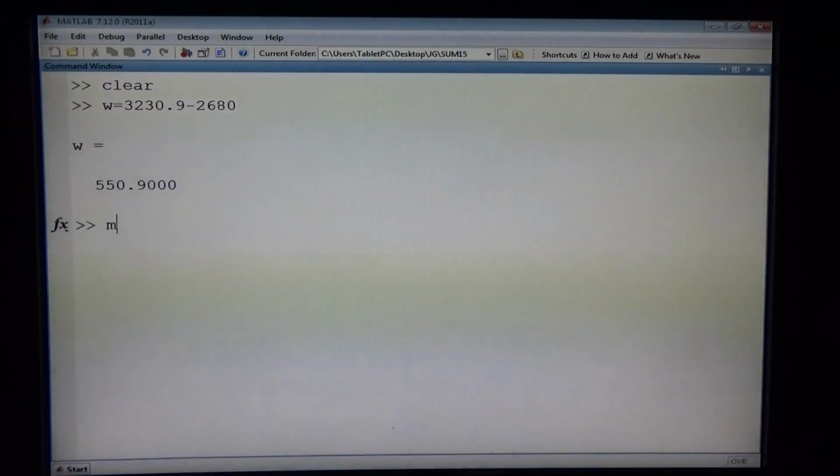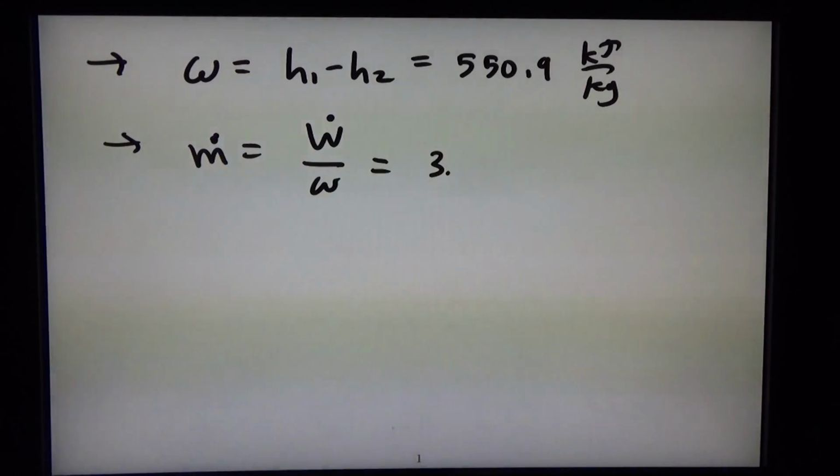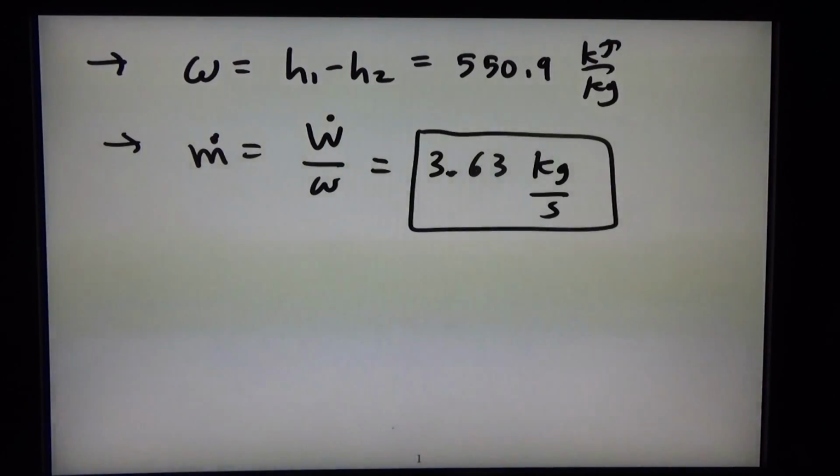So our mass flow rate is power 2,000 kilowatts divided by work per unit mass, 3.63 kilograms per second is our mass flow rate. Alright, so that's pretty much the analysis for the actual turbine. Nothing new from what we've been doing since chapter 4.